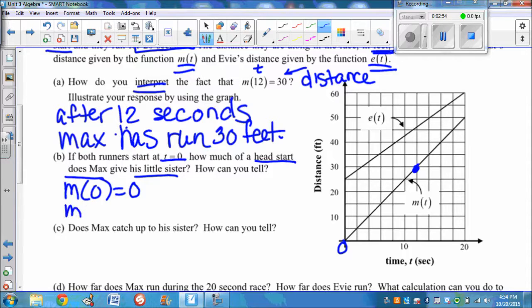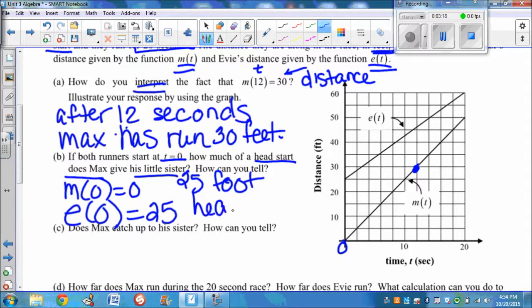But for Evie, I got to change that to an e, her e of 0 is different. Her e of 0 is 25. So he gave her a 25-foot head start, and you can tell by the distance between these two at time t equals 0 at the beginning.